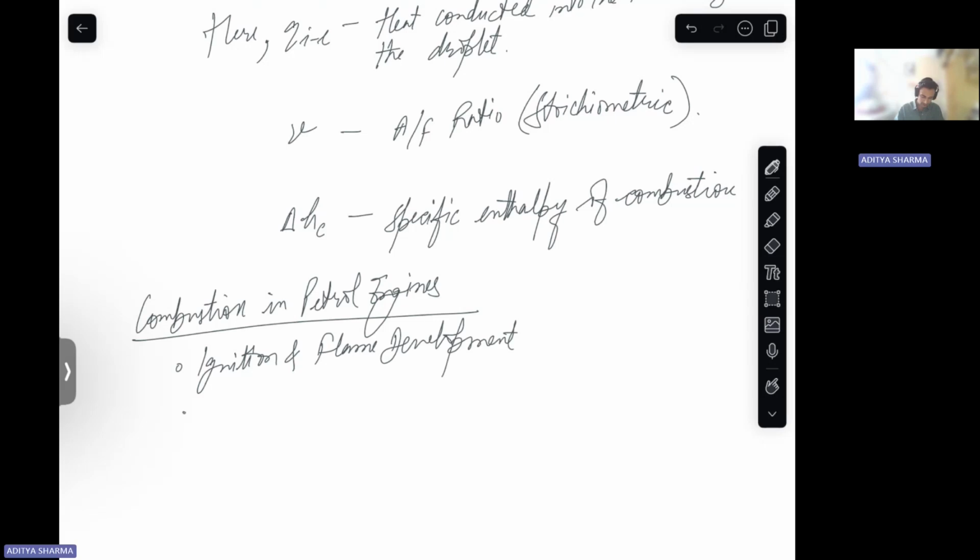Second is flame propagation. Third is flame termination.